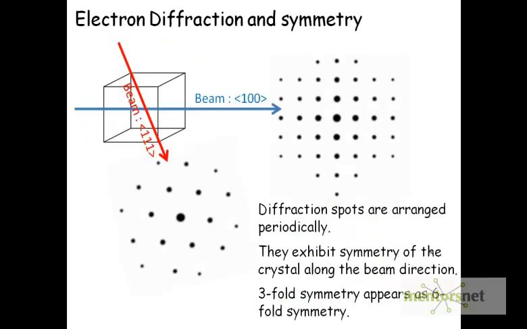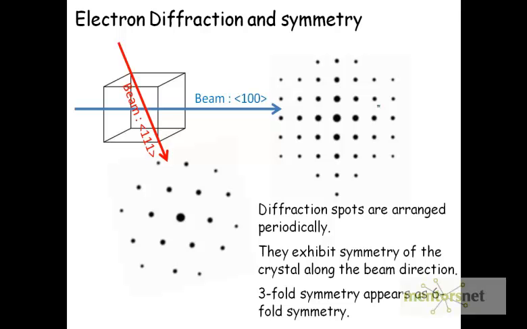Now, electron diffraction has a great power to show the symmetry of the crystal. For example, if we have a cubic crystal and the beam is traveling parallel to the edge of the cube, which represents a 4-fold axis for a cubic symmetry, then the diffraction pattern here also shows the 4-fold symmetry.